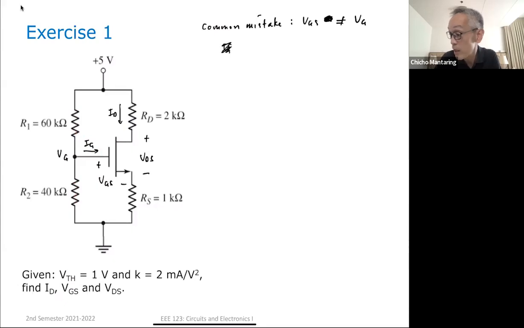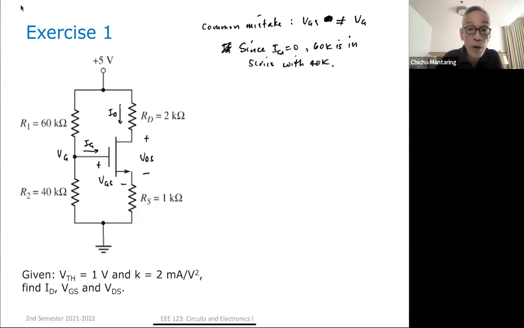Since I sub G is equal to 0, your 60K is in series with your 40K. And therefore, what can we use to determine V sub G?